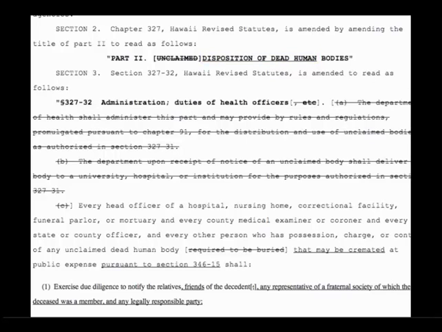Similarly, the first two paragraphs of this next section, 327-32, were deleted. Paragraphs A and B are stricken. So what's left is the former paragraph C, which is the new first paragraph, plus these new parts, paragraphs 1 and 2, that are underlined.